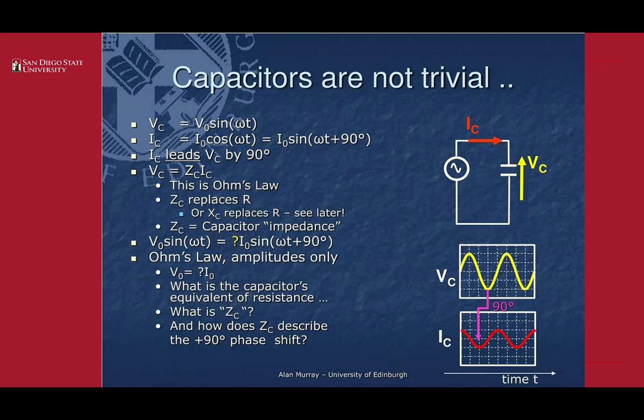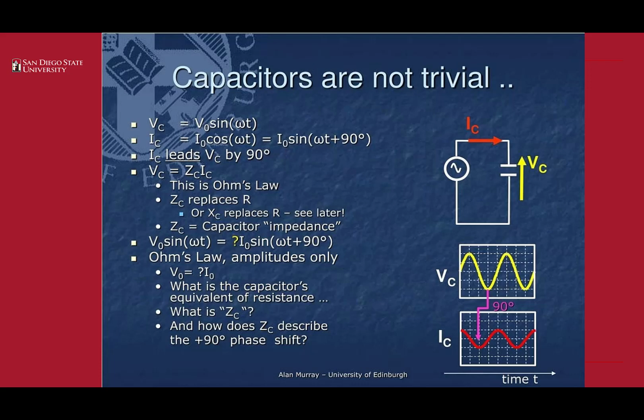And actually, to be more accurate, XC replaces R, which is the capacitor equivalent of the resistor impedance. Anyway, ZC here is the capacitor's impedance.